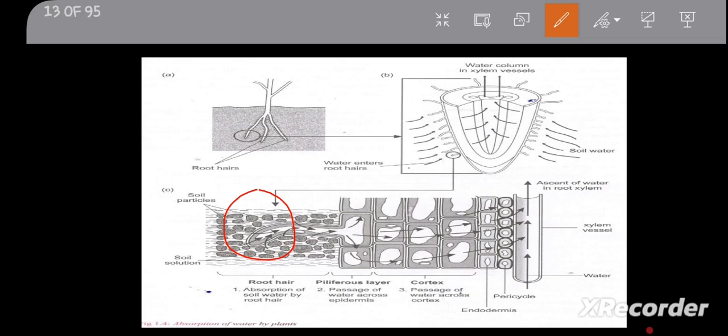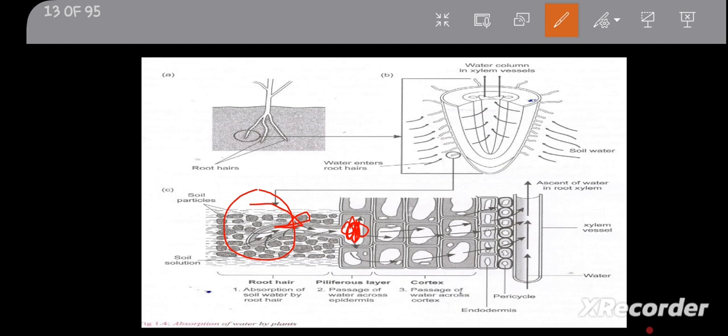The cell sap of the root hair cell is highly concentrated with solutes and some salts stored inside. Because of that, it has a higher osmotic pressure compared to the outside. That means the film of water surrounding the root hair cell will move into the root hair cells by the process of osmosis.